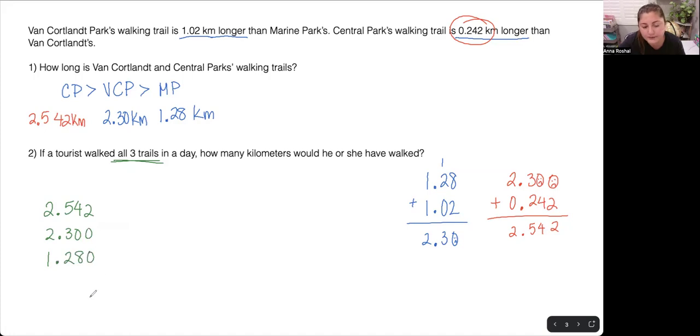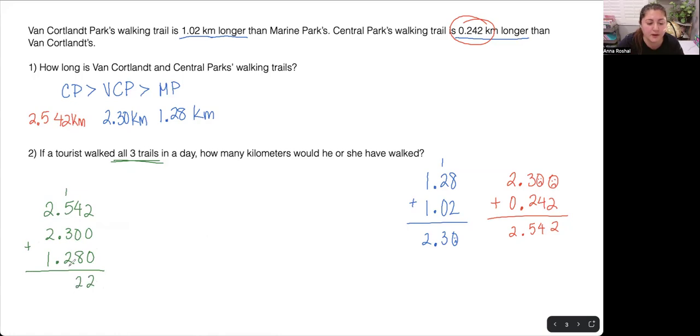I would put in some sad zeros here, assuming that this is one of your very first times working with adding decimals. If it's not, they are not absolutely necessary, okay? Because you know that if they're not there, you're just bringing that 2 down, right? 2 plus 0 is just 2. 8 plus 4 is 12.